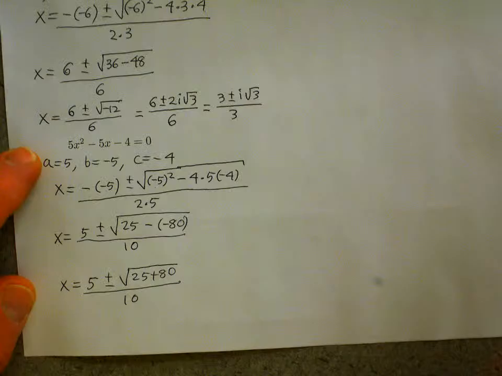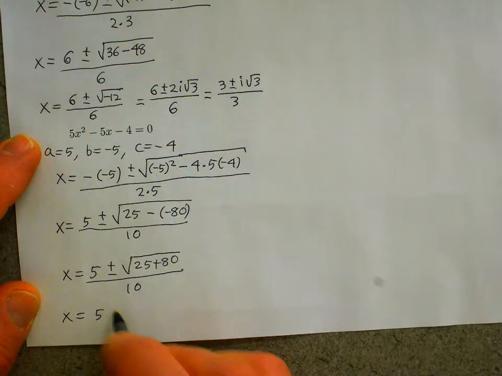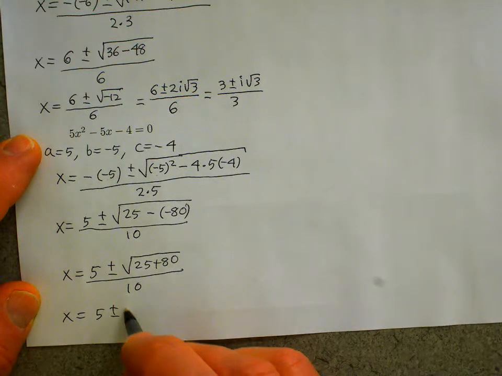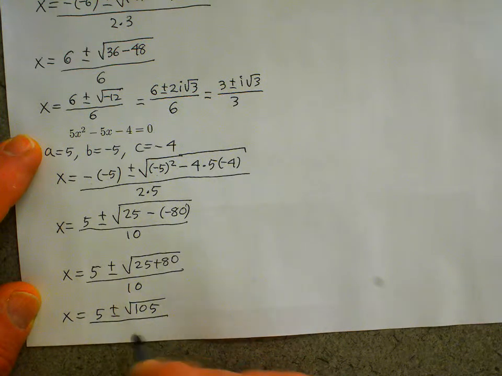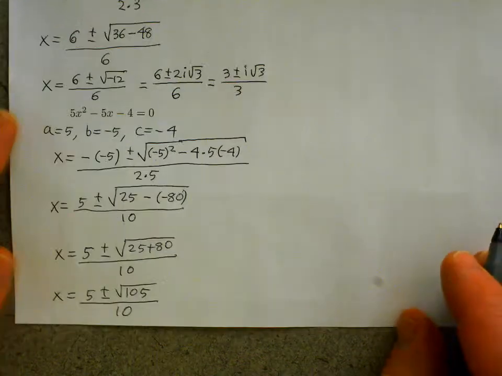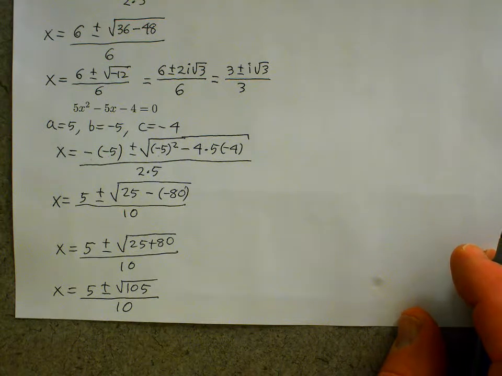And then the final step, x equals 5 plus and minus the square root of 105, all divided by 10. So can we simplify this answer further?